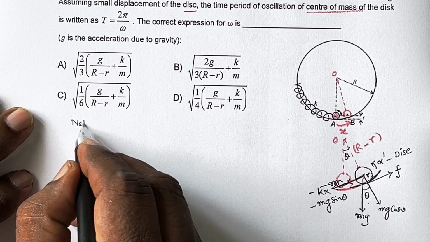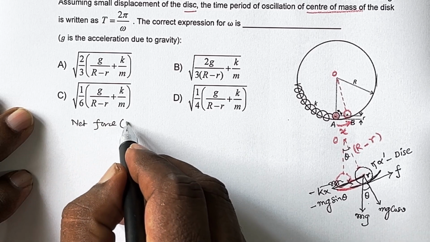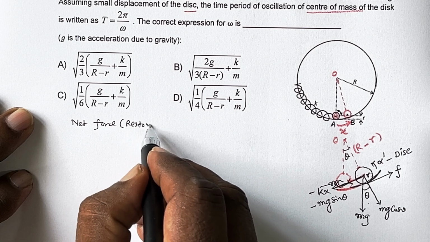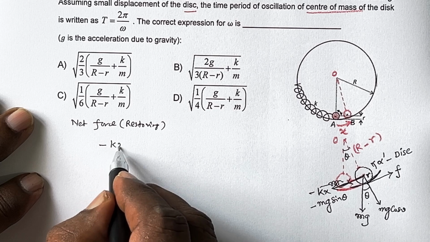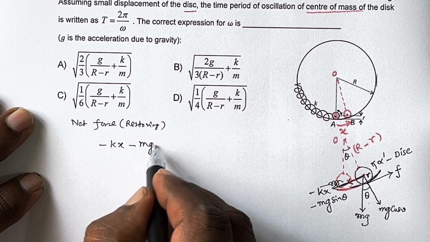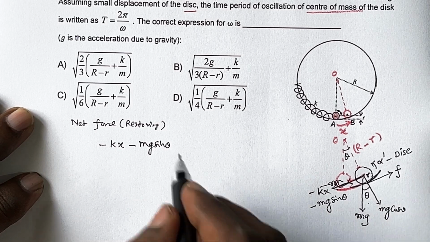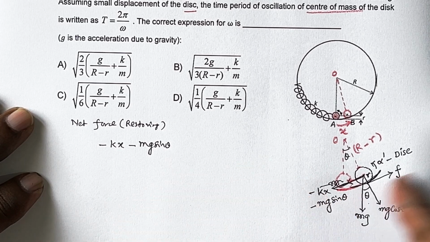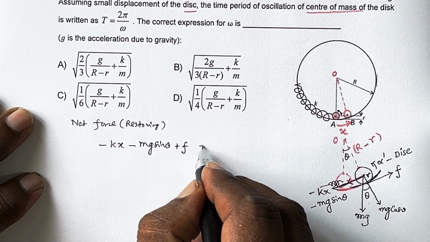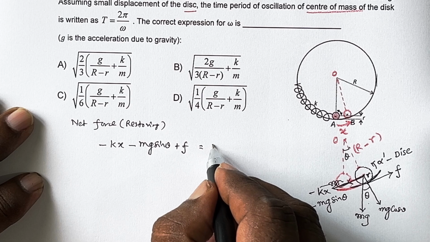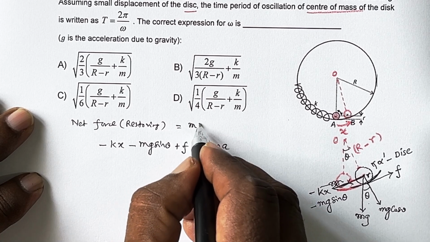The restoring force is minus kx minus mg sin theta, and the frictional force is in the opposite direction, so I will take it as plus. The net force is equal to ma.